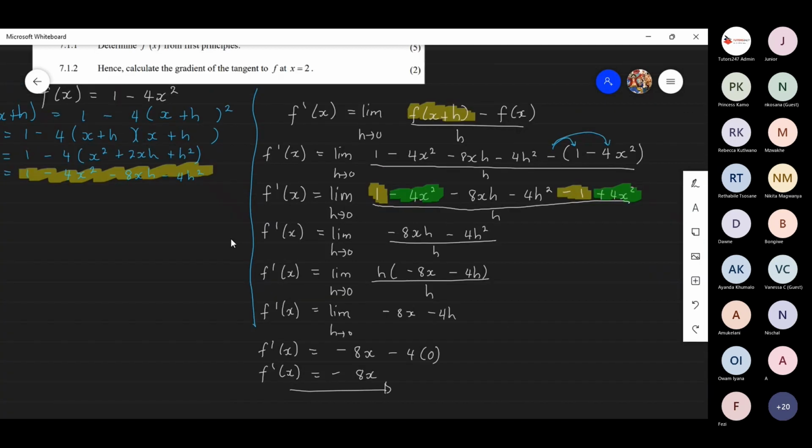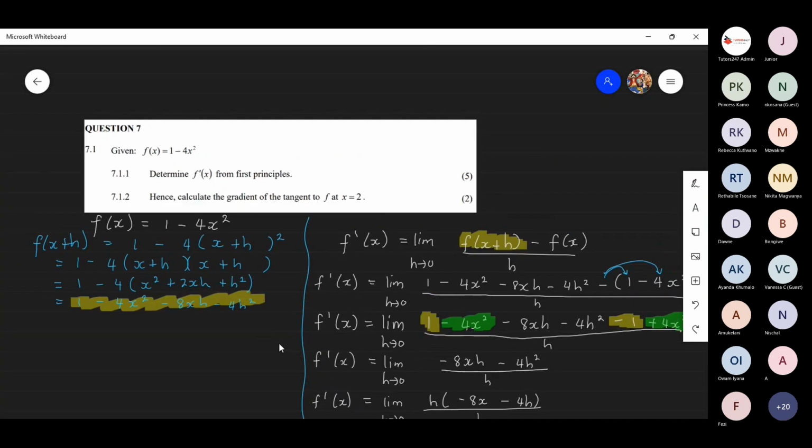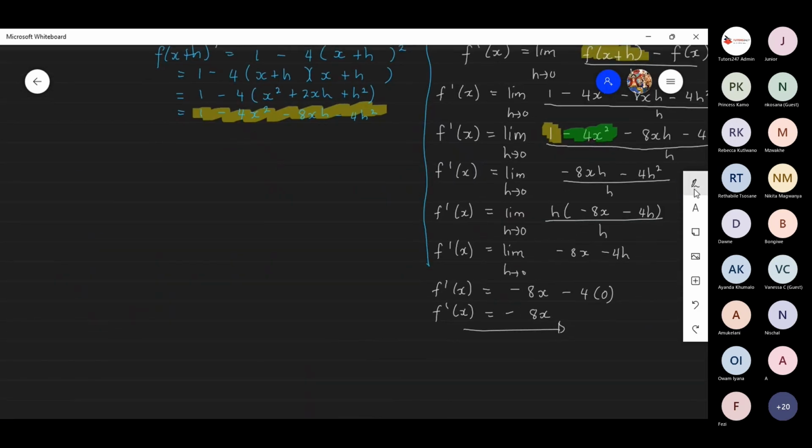Now, let us go to the second part of this question. So we had: hence calculate the gradient of the tangent to f at x equals 2. How do we relate a derivative to gradient? Let's have this function x squared as an example, right?